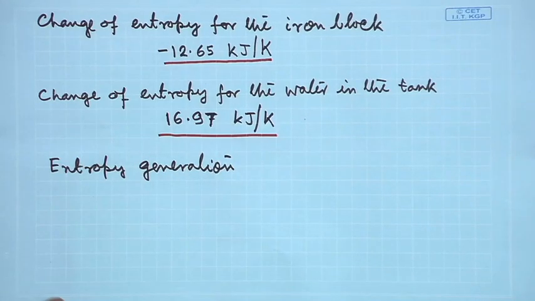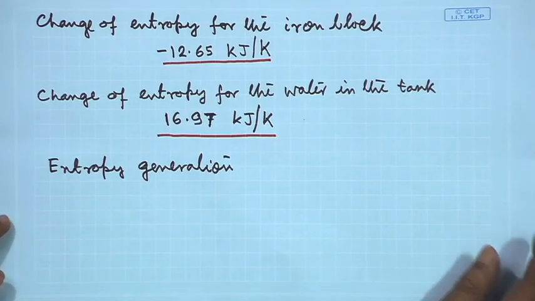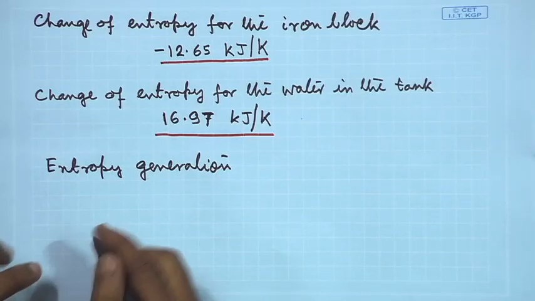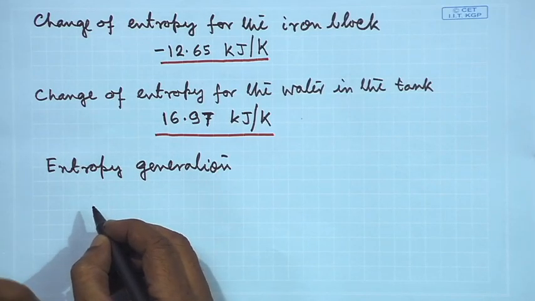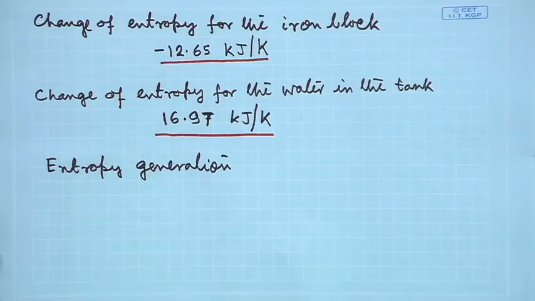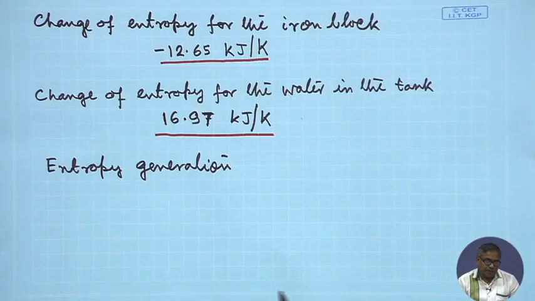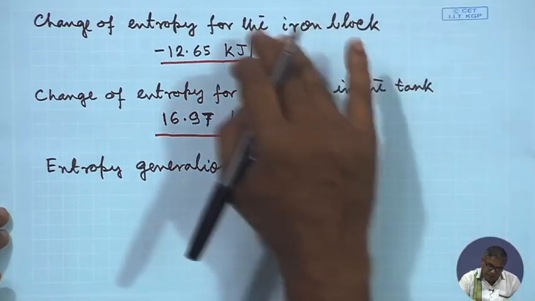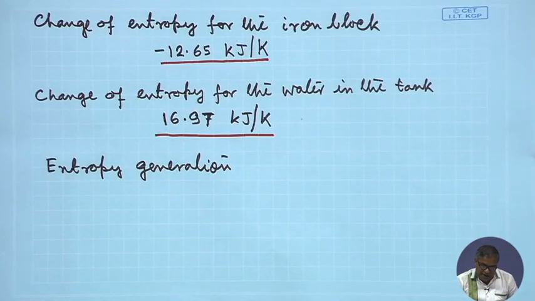We can think of our entropy balance equation. What is our entropy balance equation? We can do it in different ways. We can use an entropy balance equation considering iron and the water as two separate systems, we can do it.